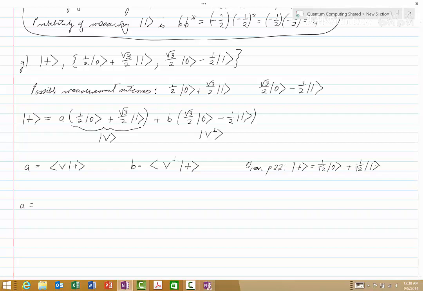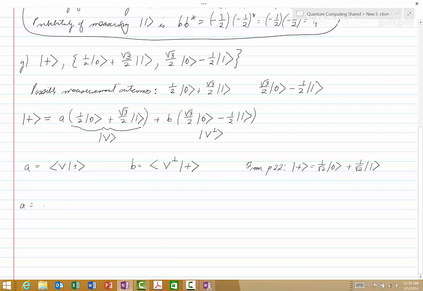Therefore, we can write A in the following way. Let's perhaps do it like this.